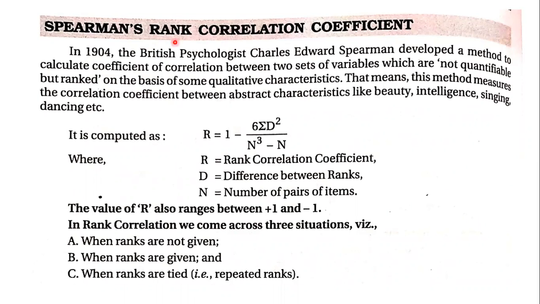So that is why Spearman's rank correlation coefficient. Then let's just read through once. In 1904, a British psychologist Charles Edwin Spearman developed a method to calculate coefficient of correlation between two sets of variables which are not quantifiable but ranked.